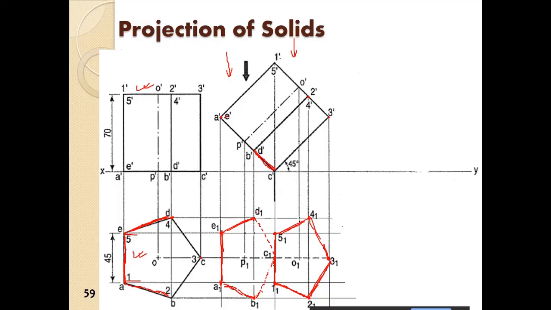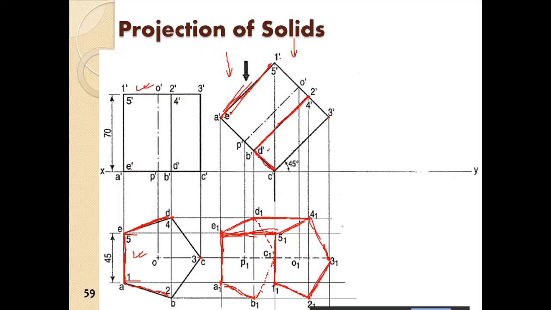Then what about this edge E dash 5 dash? That you will see from the top definitely. This is the edge that you will see from the top. Similarly, this also you will see from the top, and similarly this edge also you will see from the top.